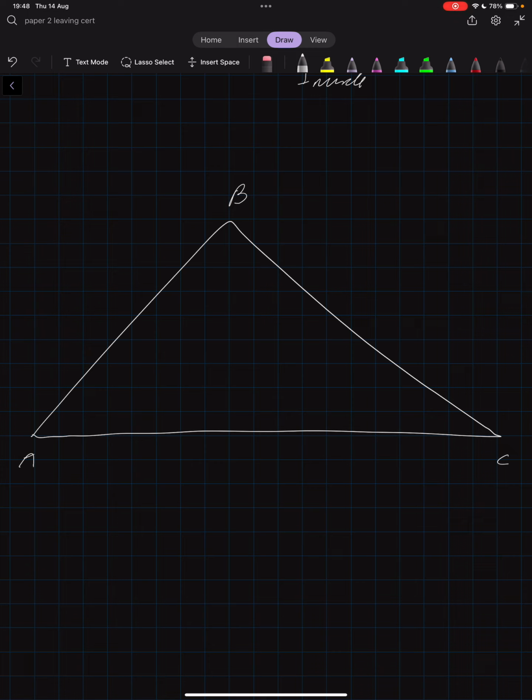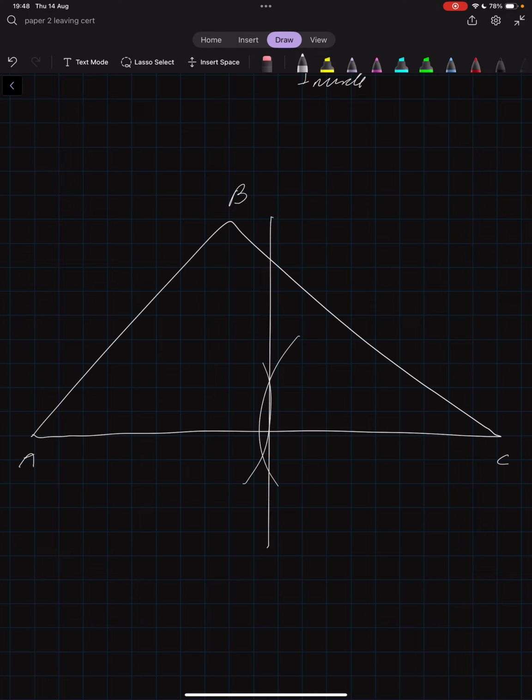Okay, so if I get the perpendicular bisector of the bottom, which will be something like this, so what you do is you get this and you draw it, and that's all fine.